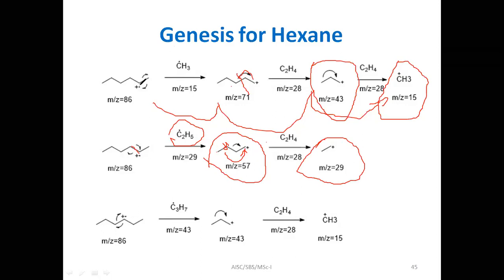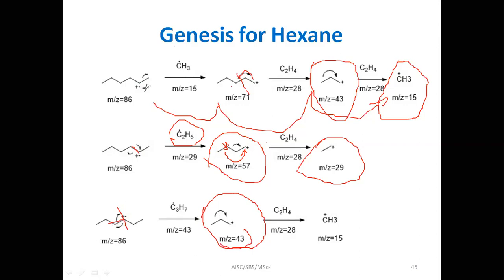In this it is shown on the second carbon, it is shown on the third carbon from the right-hand side. Breaking of this bond, that is the middle bond, third-fourth bond. So positive charge remains on this carbon or this carbon, same way, because it is a symmetric breaking, and you are getting positive charge, that is 43 here. So this is another way for formation of the 43 fragment.